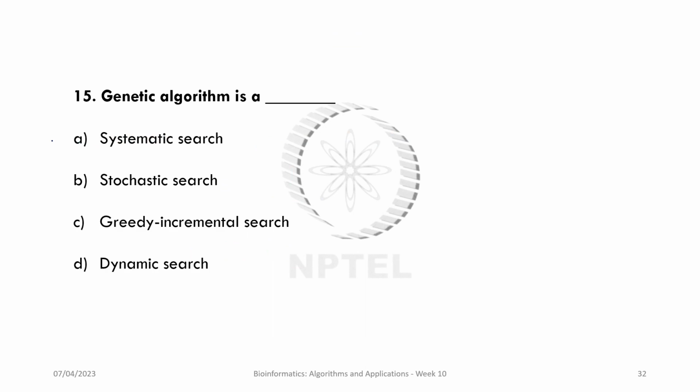Genetic algorithm is a: option A systematic search, B stochastic search, C greedy incremental search, and D dynamic search.